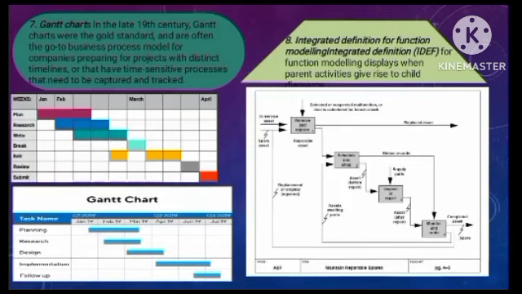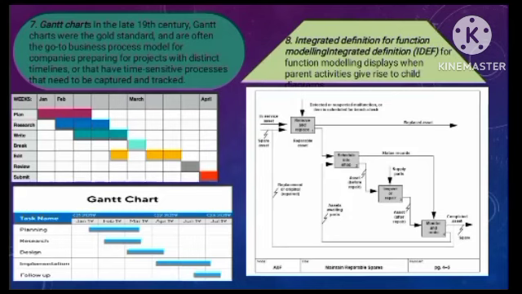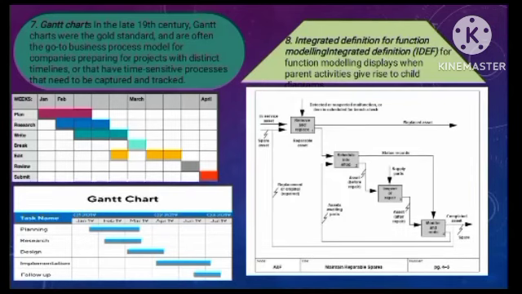The eighth one, we have the integrated definition for function modeling, or IDEF, which displays when parent activities give rise to child diagrams. So under that is an image that is an example of an IDEF.